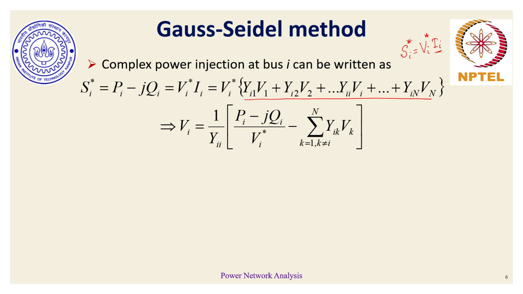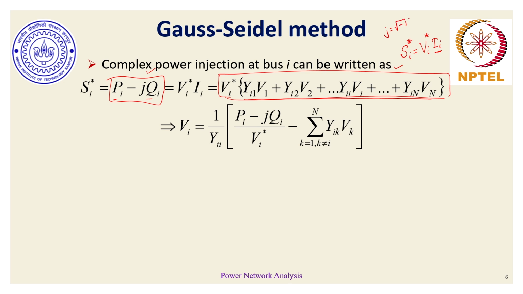If I look at my complex power injection and focus on the boxed terms, I basically have to find voltage phasors which tend to satisfy this complex injection. And S_i conjugate, S_i is P_i plus jQ_i, j being the complex operator, root of -1.